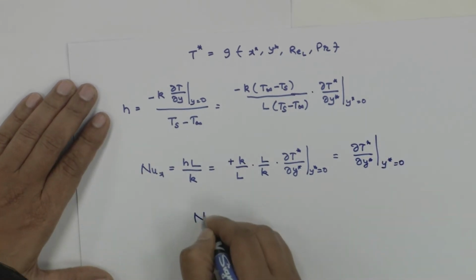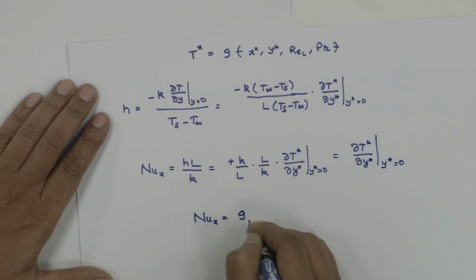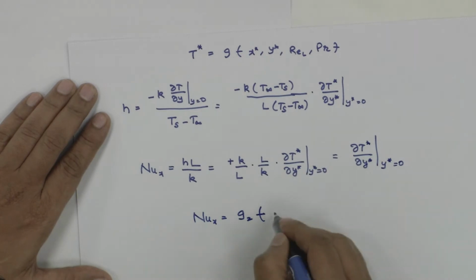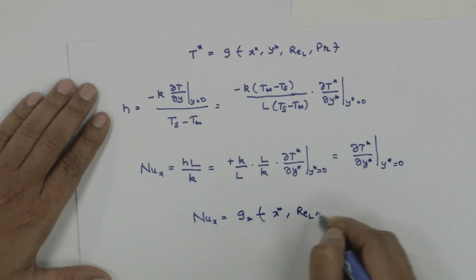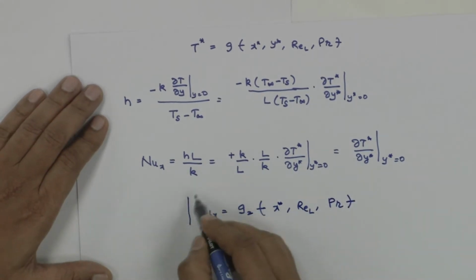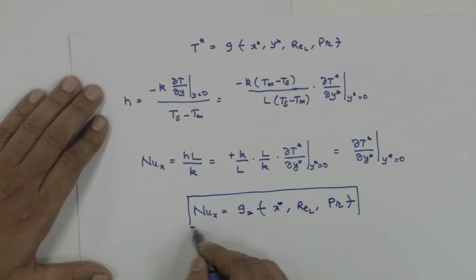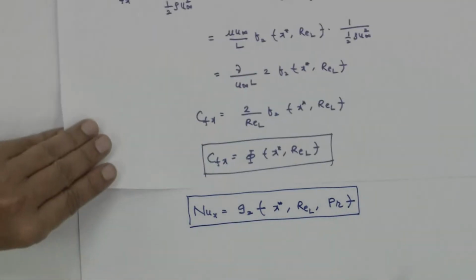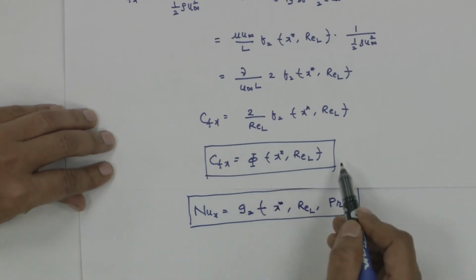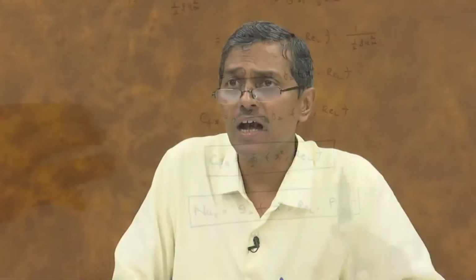So, now Nux equals a function G2, and because I have taken Y at 0, this is going to be a function of X star comma REL comma Prandtl number. So, this is for the Nusselt number, and this is for Cfx, that is X star and REL.